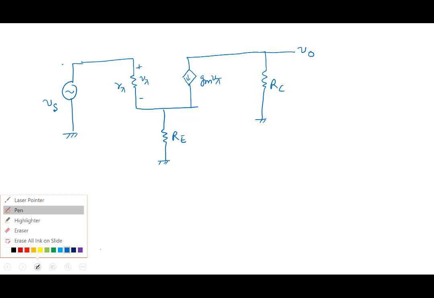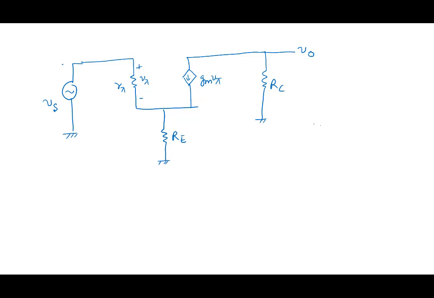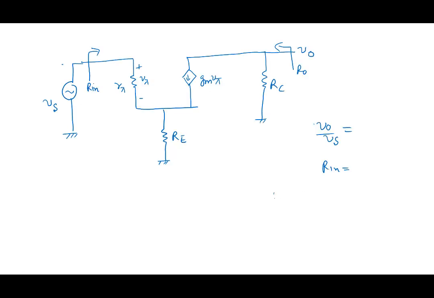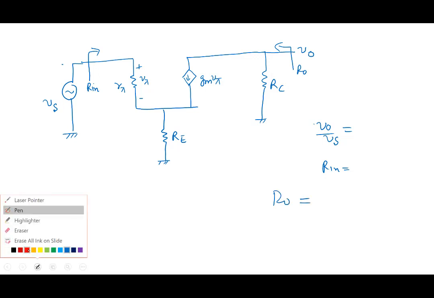Let's write down what is V0 by Vs equal to, what is Rin when I look from this side, and what is R0 when I look from this side. This is our circuit number 2.